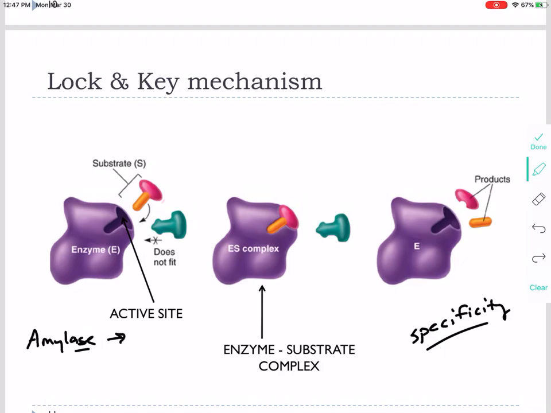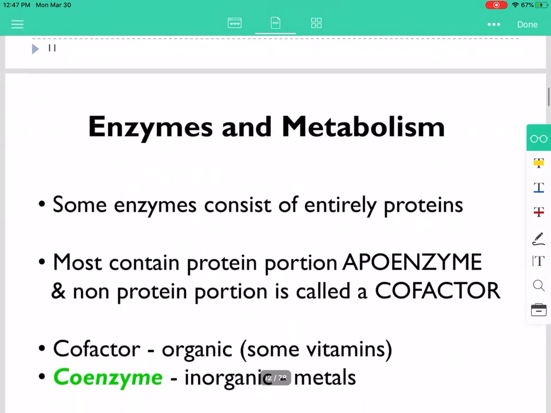We talked about amylase in the digestive system. Amylase is an enzyme that can only work on starch. This is an example of specificity. So each enzyme, the big purple blob is an enzyme, can only fit into a certain substrate, like a lock and a key or a puzzle piece.